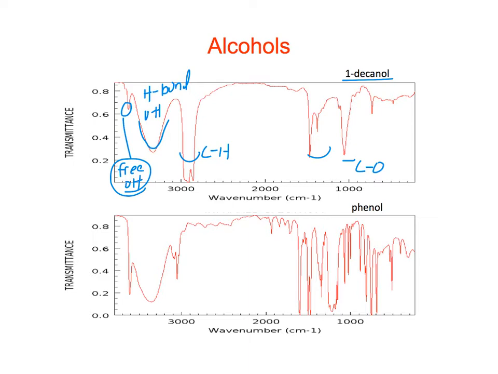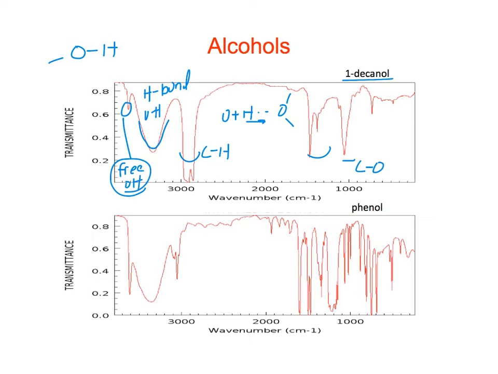Yeah, I think it's because when we just have the free OH, that's kind of like the pure oxygen-hydrogen stretch. But when we add hydrogen bonding to that, then it pulls the hydrogen towards the oxygen and weakens this bond, I think.